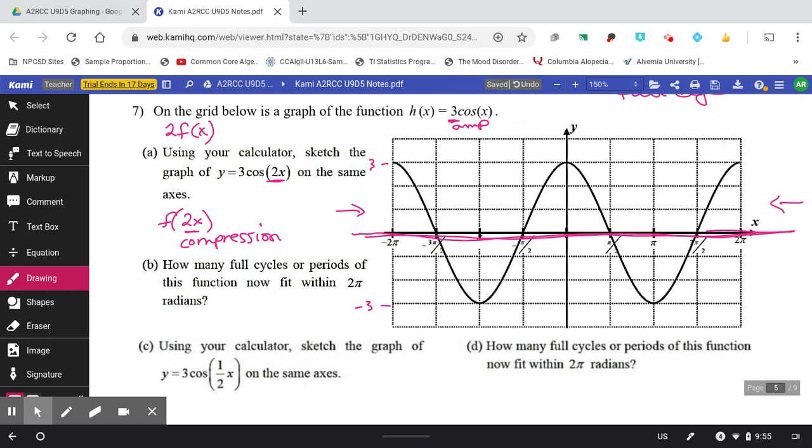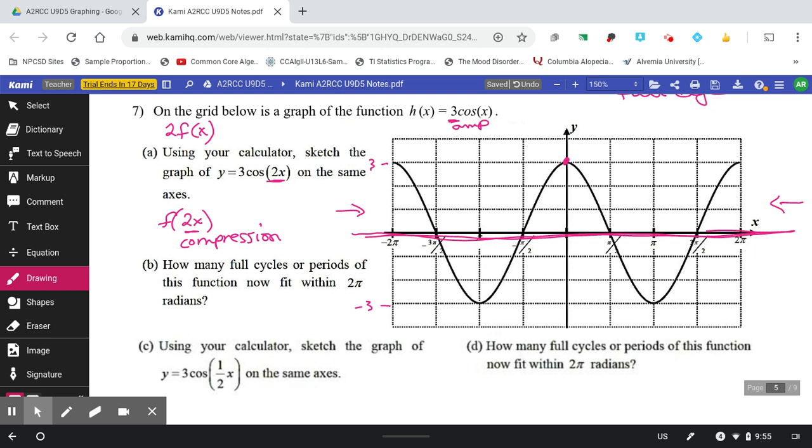It says to do this on your calculator, so we can just go ahead and do that. If you were to put in y equals 3 cosine 2x in your calculator, and look to see where it is, the range hasn't changed. So I'm going to start from my y-axis.